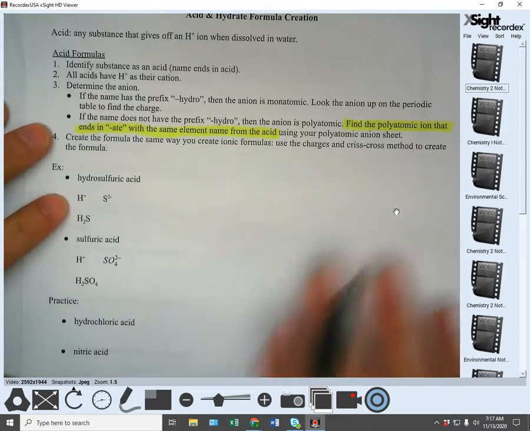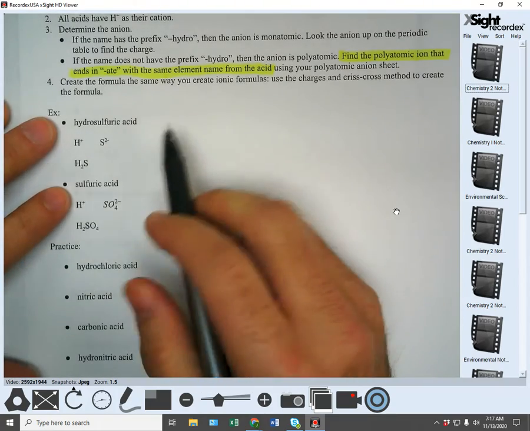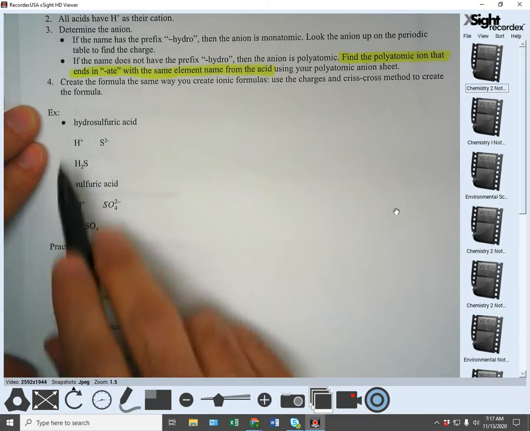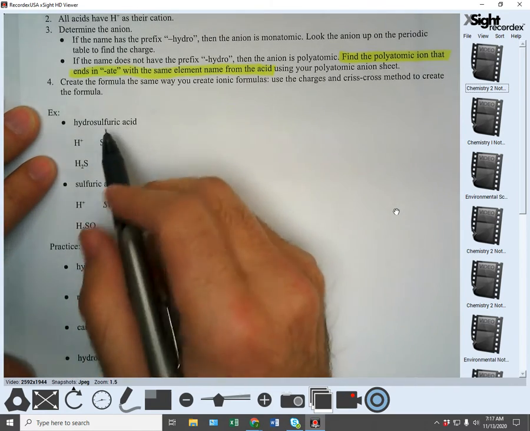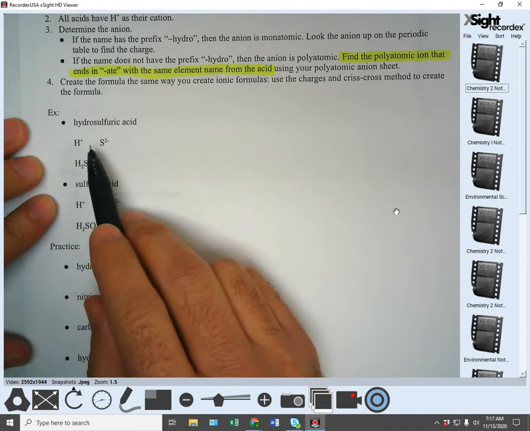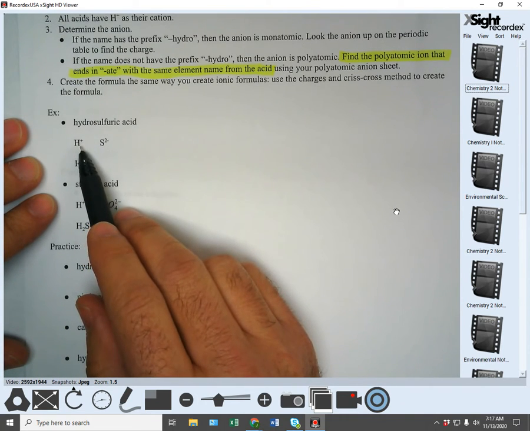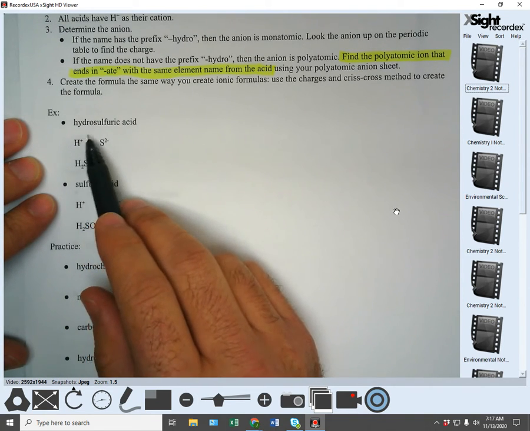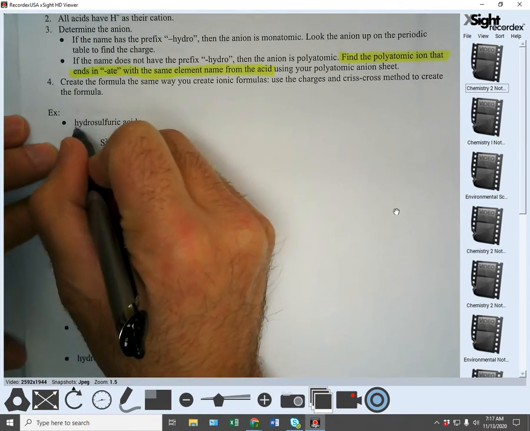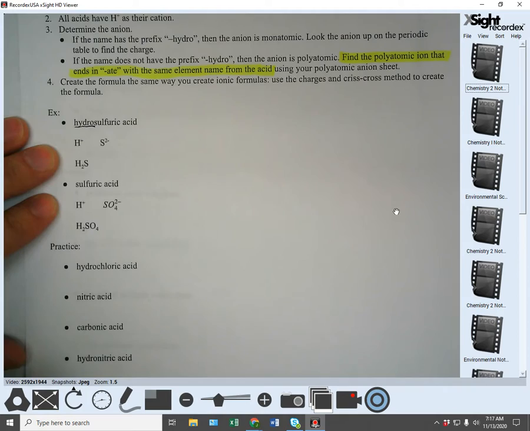So, example here, and we've got two examples. I used hydrosulfuric acid and sulfuric so you can kind of see the difference. So hydrosulfuric acid, we know it's an acid, so we start with H plus 1. Now, it has hydro at the beginning.